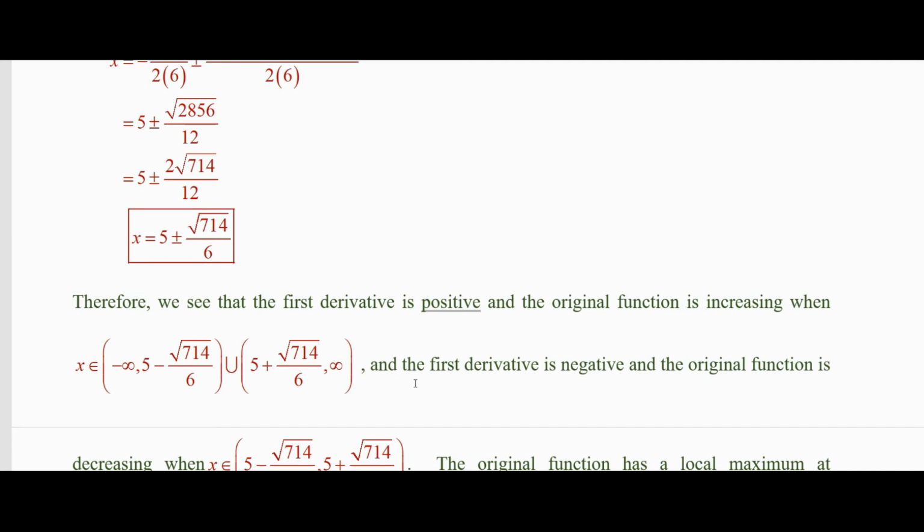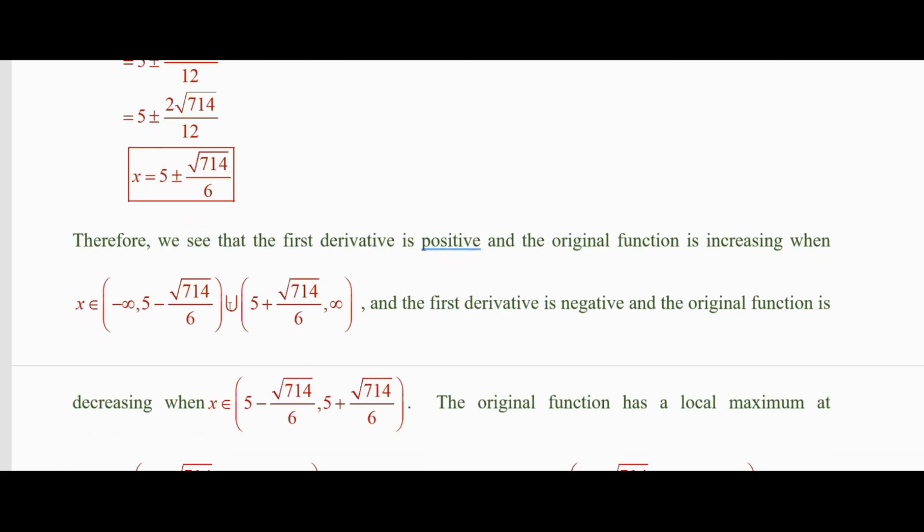Okay. So the first derivative is positive, and the original function is increasing from negative infinity to 5 minus the square root of 714 over 6. And then it's also increasing from 5 plus the square root of 714 over 6 to infinity.